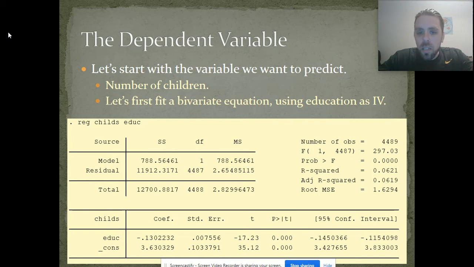So let's go back. I teased this in the last video I created by showing you what a regression output in Stata would look like. This is the same style of hypothesis test, but it's a bivariate regression problem for a different variable. I should say it's bivariate in that I am predicting number of children.